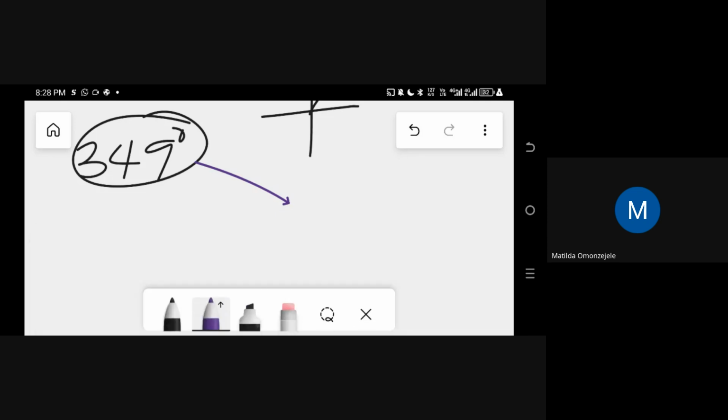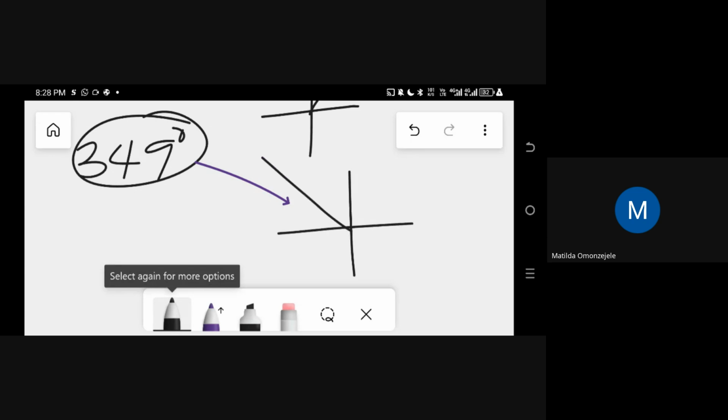Matilda, can you explain the reason for your answer? Please express yourself correctly, without using pidgin. Why is 349 located at the fourth quadrant? Please use a different language.